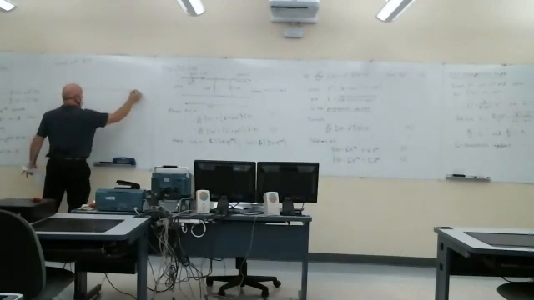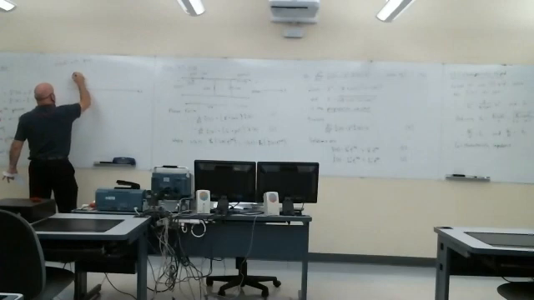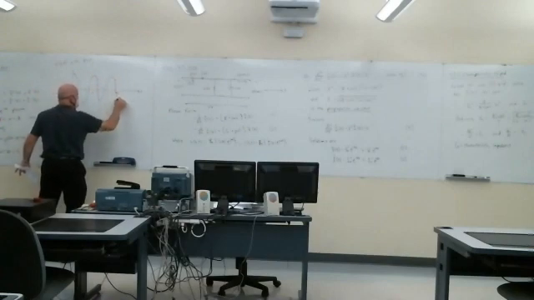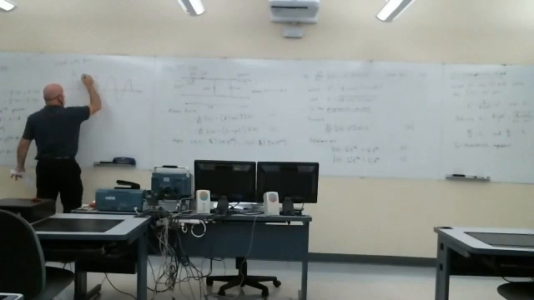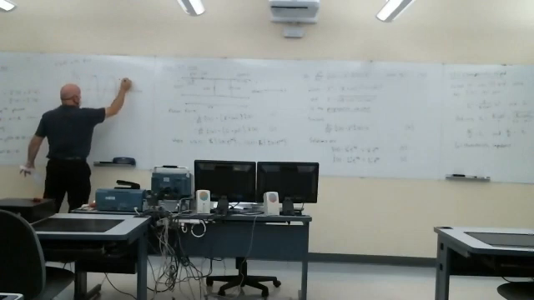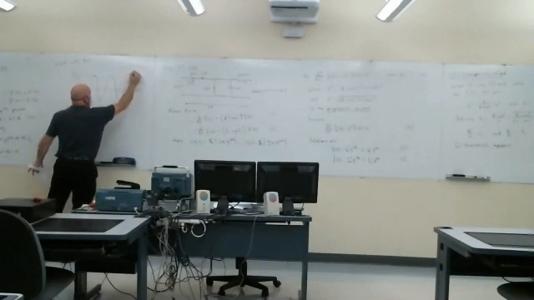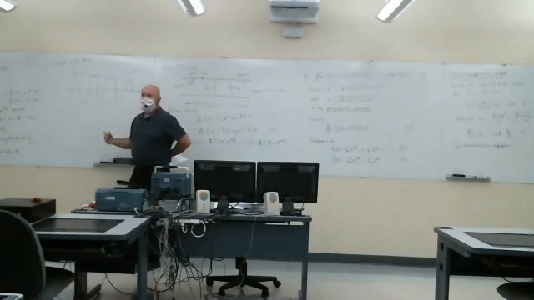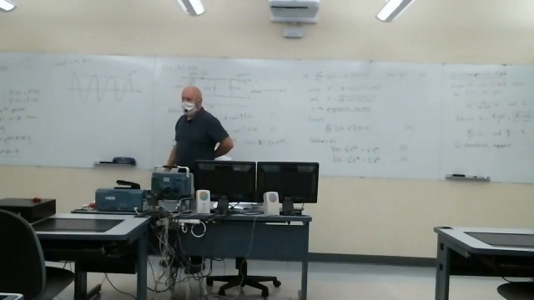What this would look like is a cosine, but with a decreasing amplitude. The amplitude is decreasing due to the presence of this e^(-αz) term. Okay, the amplitude is getting smaller with distance.